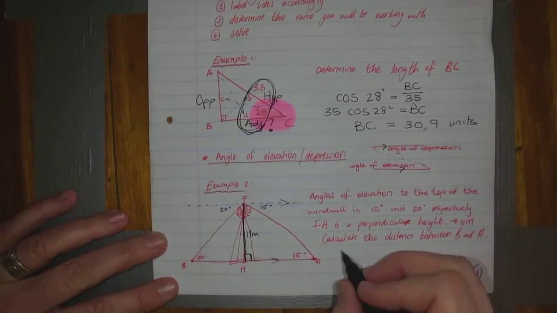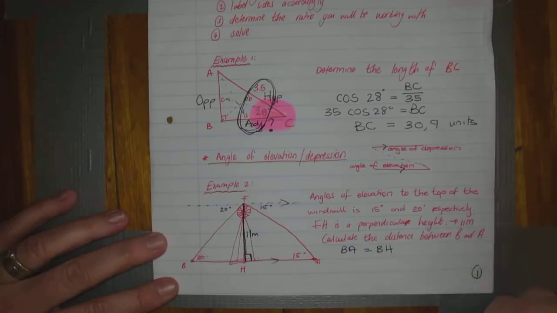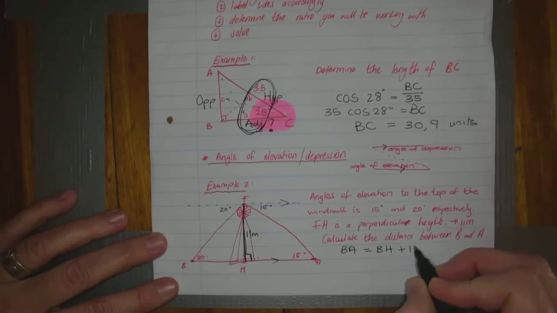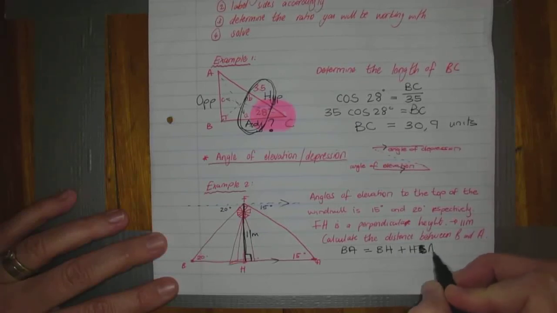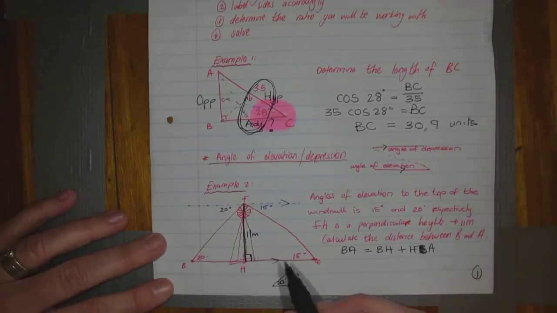So the distance BA can be worked out by working out the length of BH and working out the length of HA. Because if I add those two, I get BA. So if I had to isolate these two triangles, that's 11, that is 20.